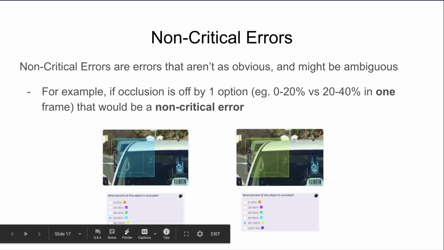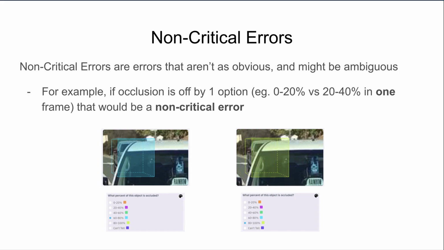But it's a tough draw between 80 to 100% versus 60 to 80%. In this case, I would say 60 to 80% is the better option. But if 80 to 100% is chosen, it's a non-critical error, and that's something to be considered. We want to prioritize the very, very critical errors.